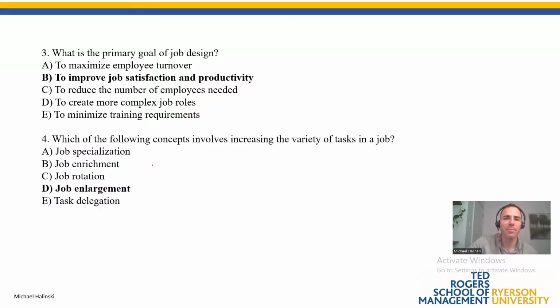One thing I will say is that in the past I have done something like increasing the variety of tasks in a job, and I use this word as part of the concept. So I would say like job variation, right? Or it's to increase the meaningfulness of somebody's job, I would say job meaning or something like that.